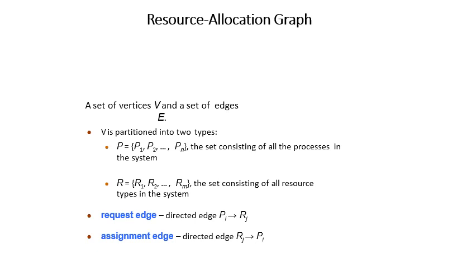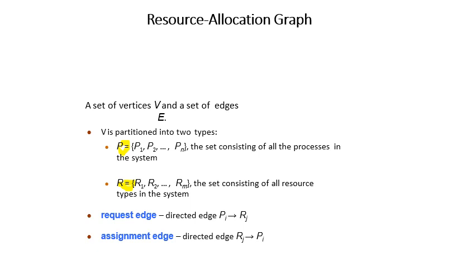As shown in the slide, P refers to the processes, and R refers to the resources in the system. In a resource allocation graph, we need to remember two things. The first one is the request edge and the second one is the assignment edge.